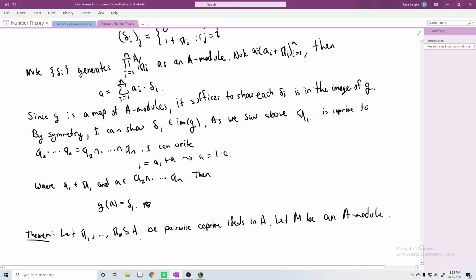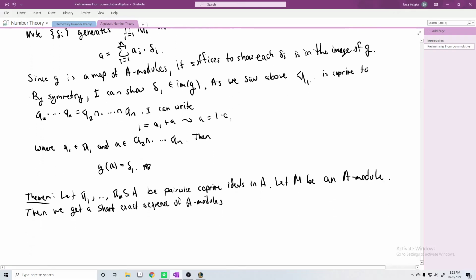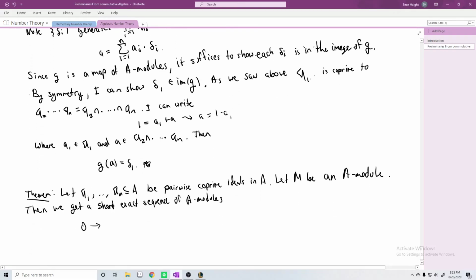Then we get a similar short exact sequence of A modules. What does it look like? 0, A, M, and now it's a product.